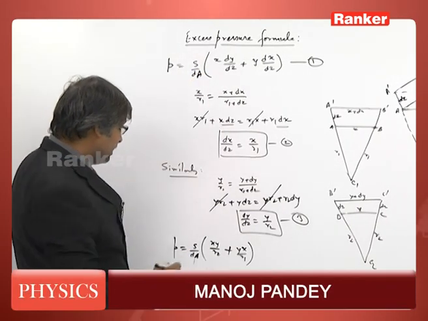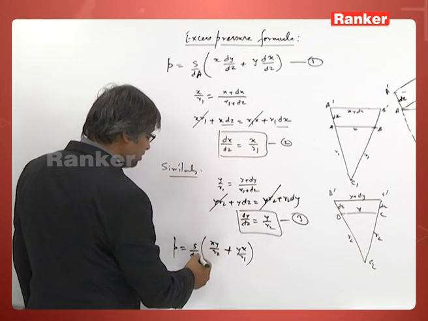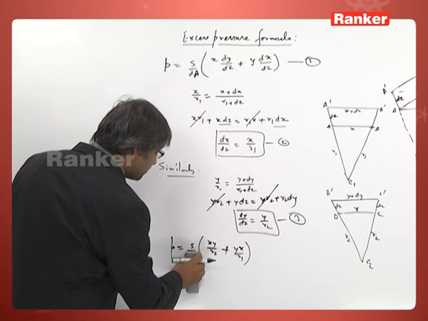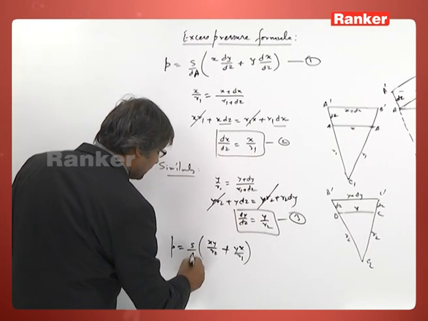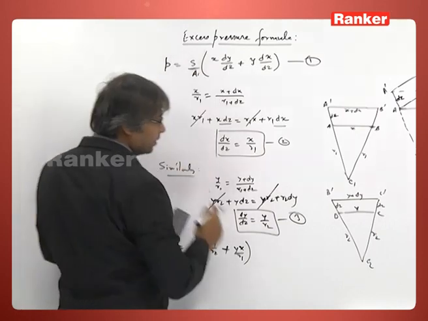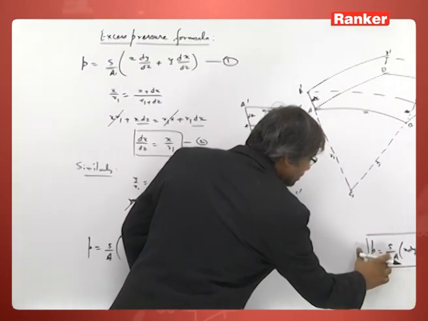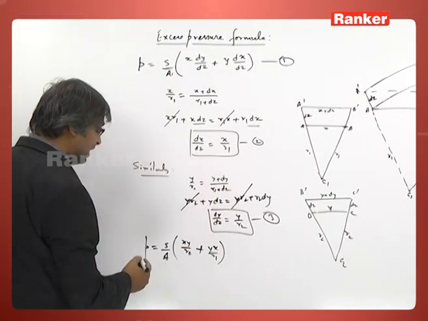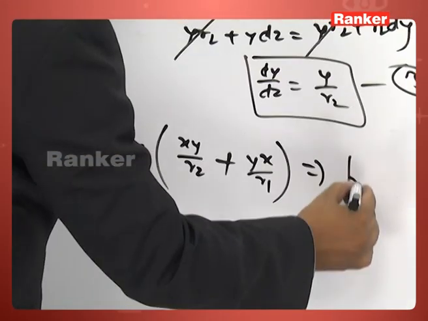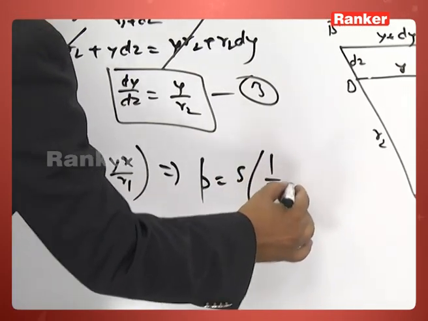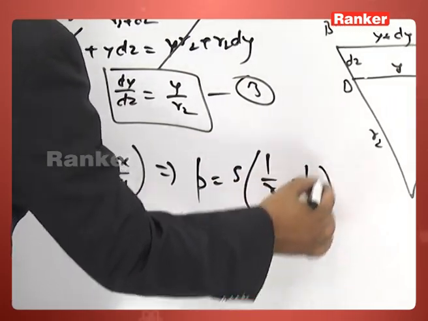Now you see here xy, we should not write dA, it is actually area. So here you see this area xy cancels, and so we have P is equal to S into 1 by R1 plus 1 by R2.